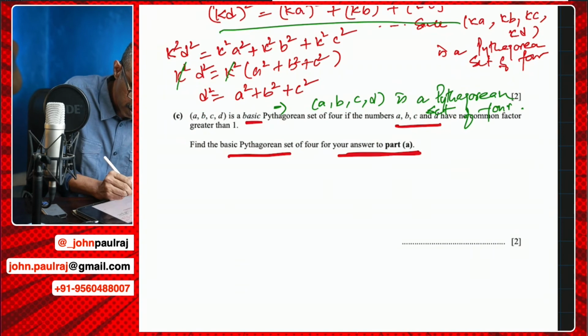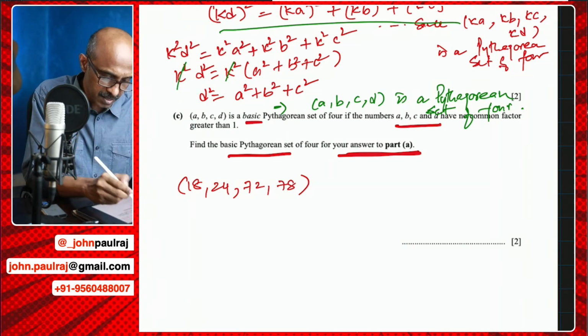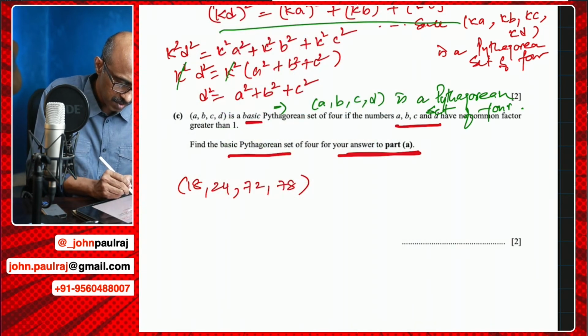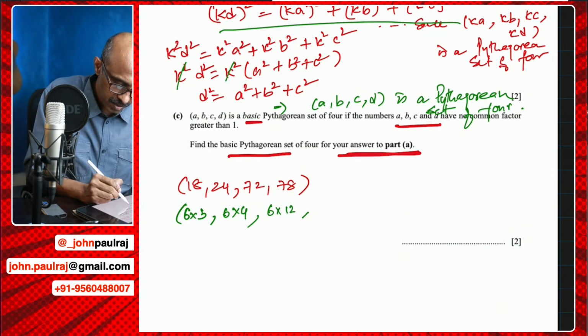Okay, so let's just write that thing down. 18, 24, 72, and 78. And it means that, what's the common factor here? 6. So you can write this as 6 times 3, this is 6 times 4, this is 6 times 12, and this is 6 times 13, I believe.